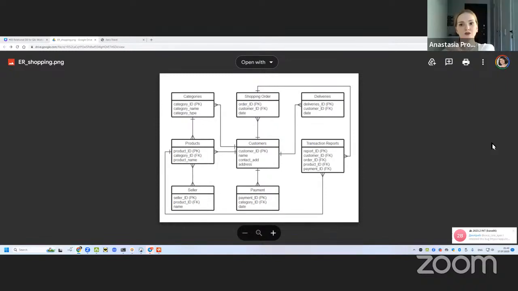So we talked about tables like customers, categories, and products. We discussed that some of them are necessary, some of them are not. I have some examples in my head. If I know what I'm looking for, I just type directly what I need, the precise product. But if I don't know what I want, I go to the categories.